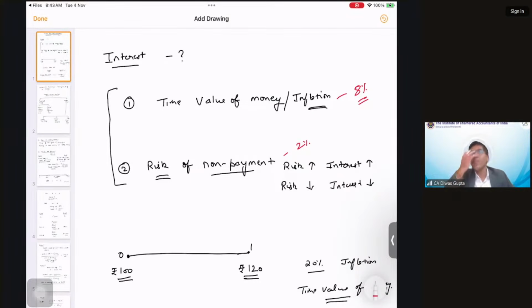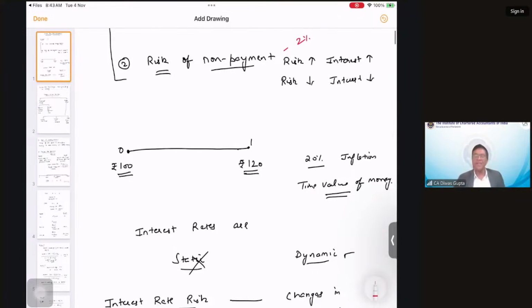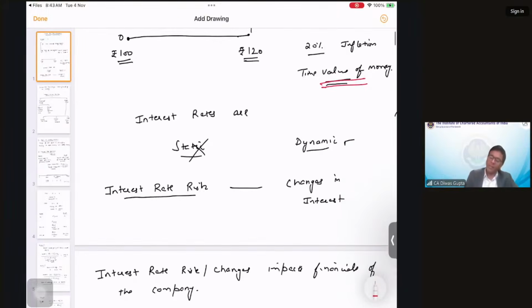And for risk also, we are charging a consideration because we have undertaken a risk here. Okay, students? Now, this is the concept on inflation. 100 rupees today will become 120 rupees after 1 year. That is what is called the time value of money.